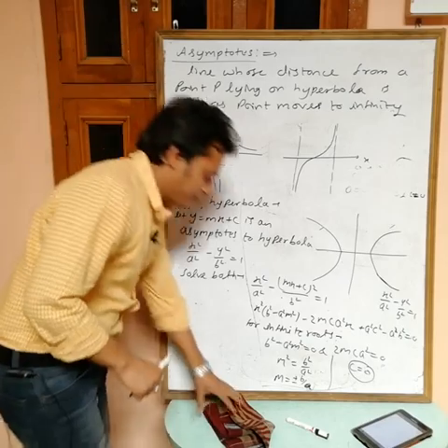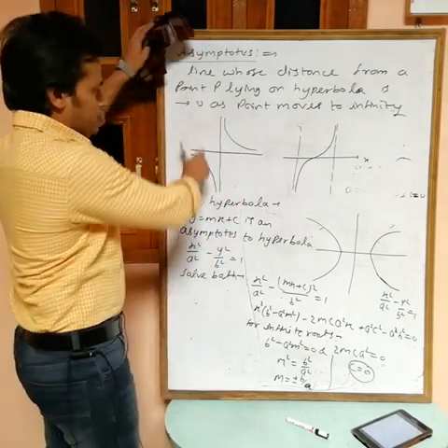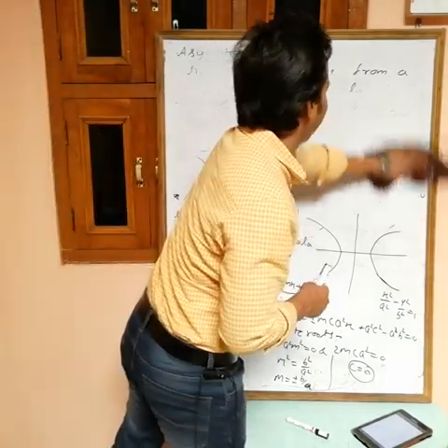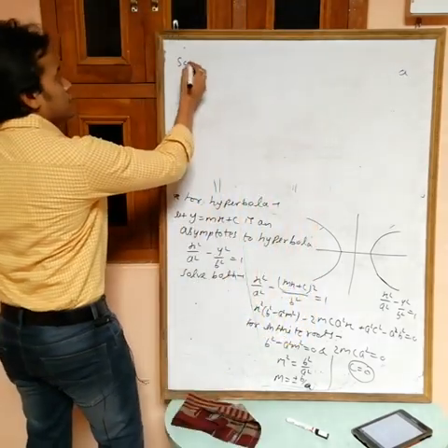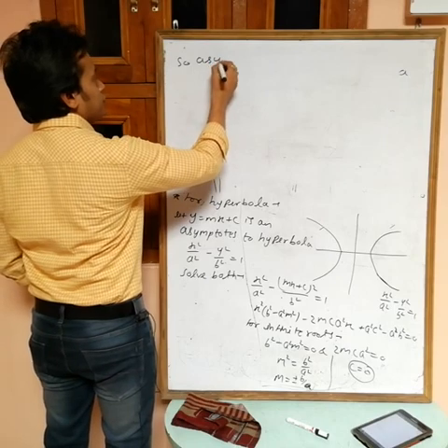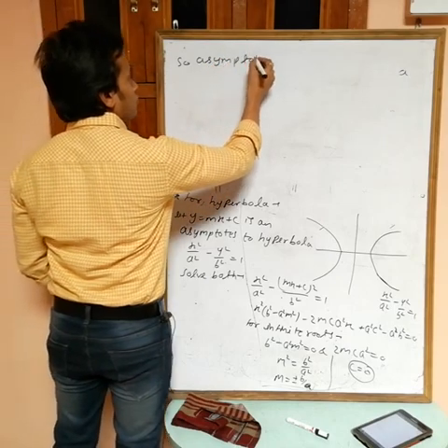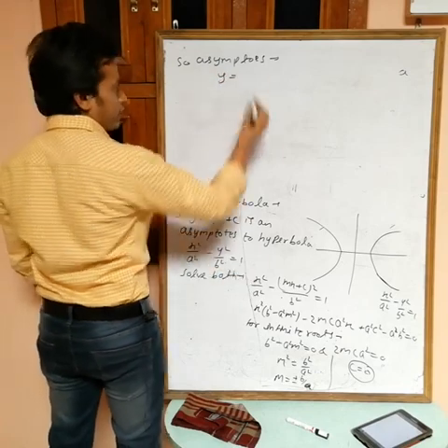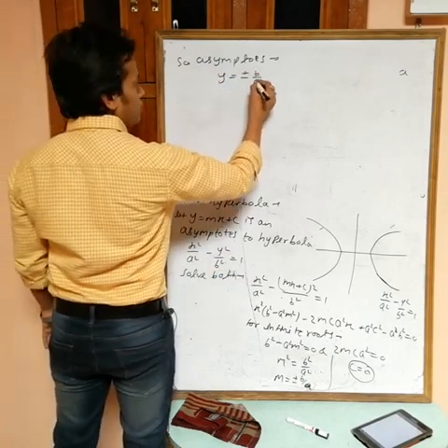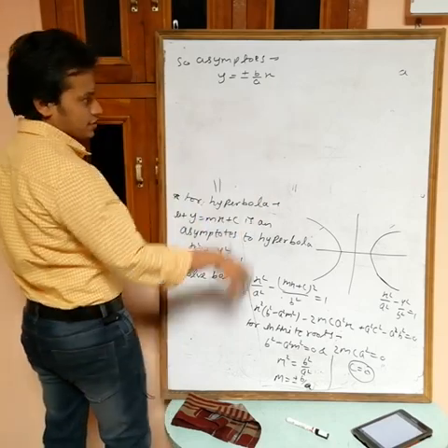So I am writing the asymptote: y equals to mx plus c, where m is plus minus b by a and c is equal to 0.